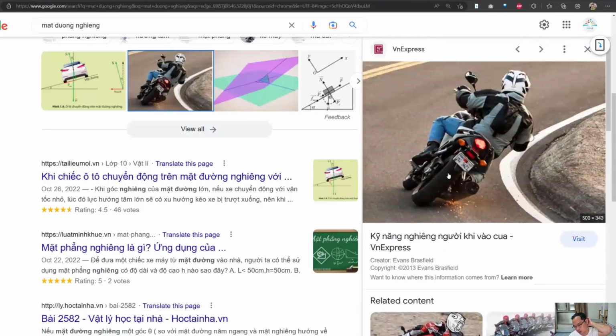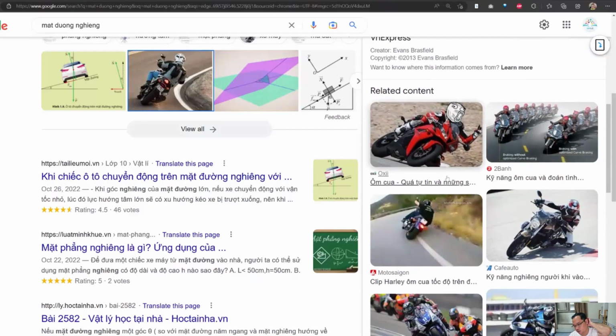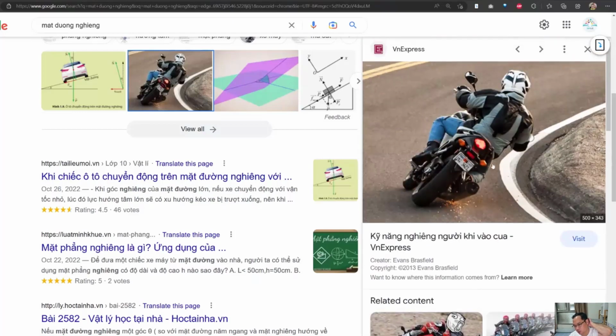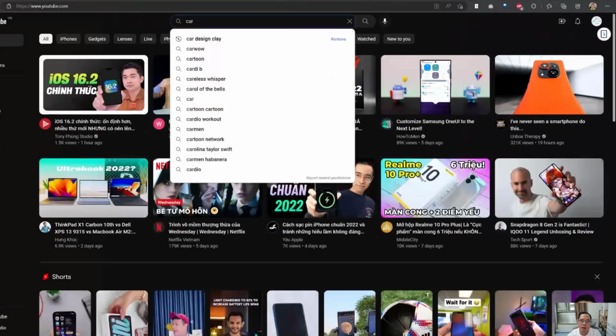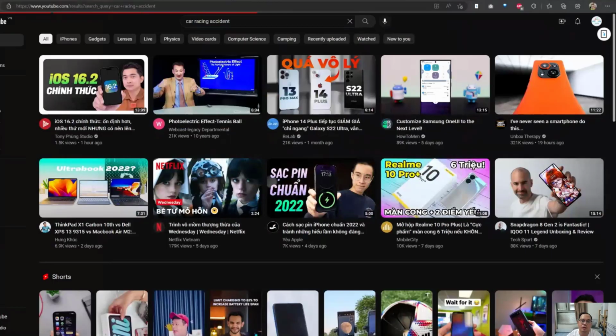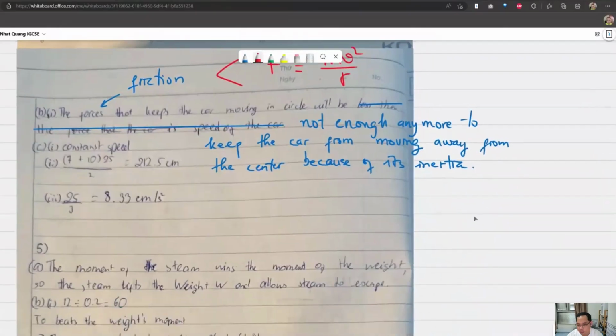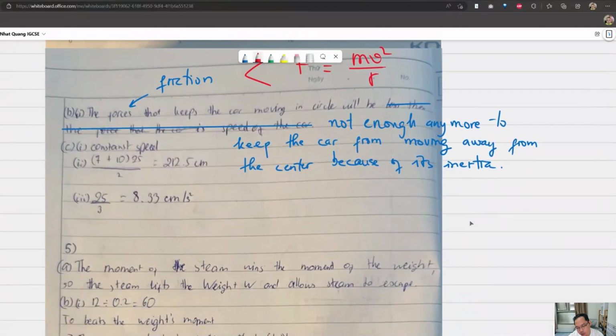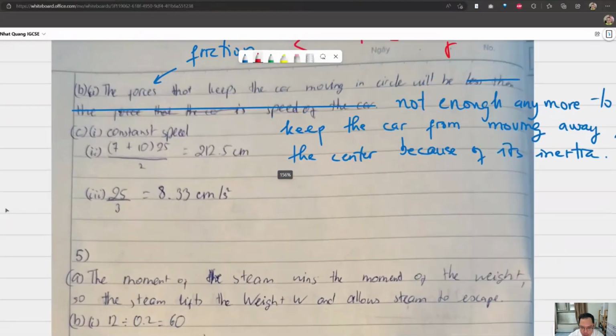But those things are dangerous for the people doing the race. Car racing can cause accidents, but many people do the competition because of the high prize and the excitement of running at high speed.